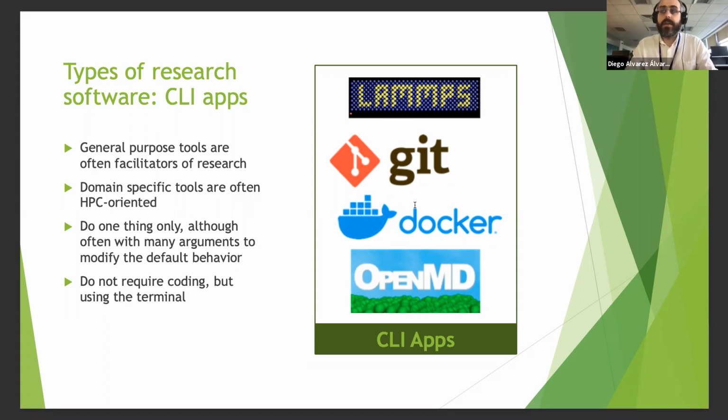Others are used to facilitate research, to enable research, like Docker and Git. They are not really specific to research, but they are extremely helpful for researchers to keep track of their work. And they are all command line applications. They do not require coding, but require using the terminal, which for some people might be a barrier.